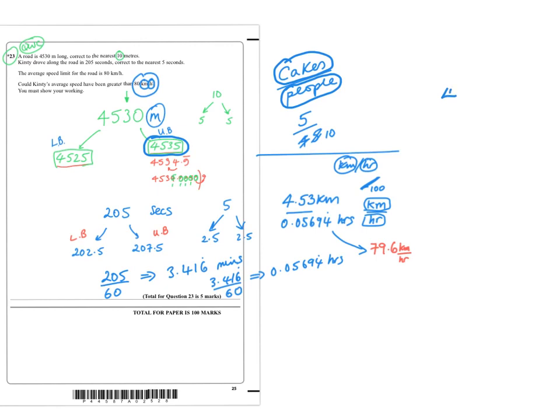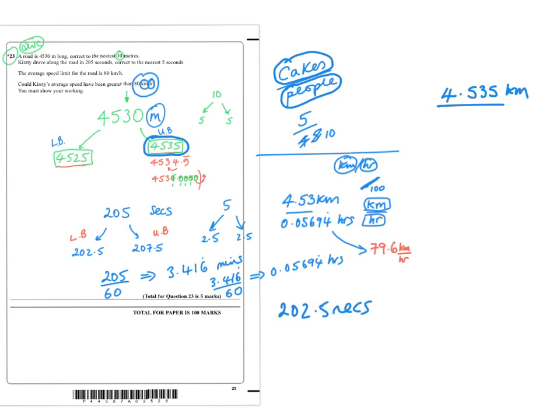So you'd write down 4.535 kilometres. And then in terms of the time, you'd want the people to be less, which would mean more cake overall. So you'd want the time to be 202.5 seconds here.